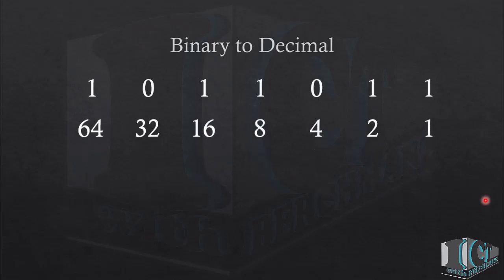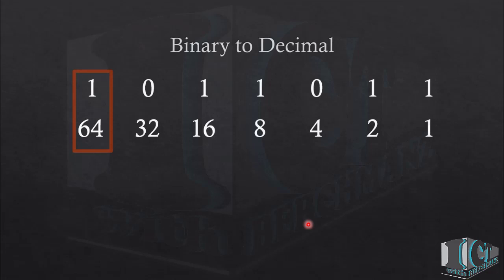Now for our calculation we will have to consider these two numbers. I will have to multiply the binary number with its corresponding place value and add them up to get our decimal value. So first I will start from the left, that is 64 and 1.